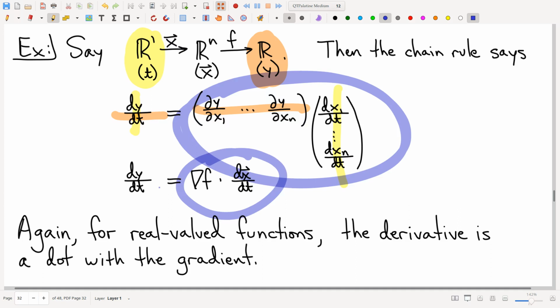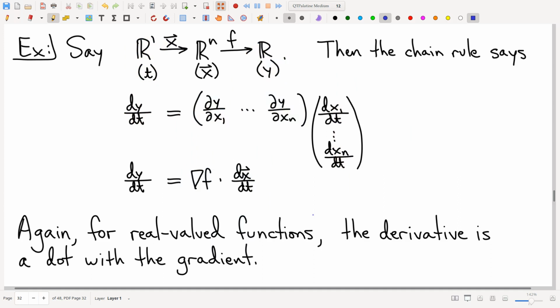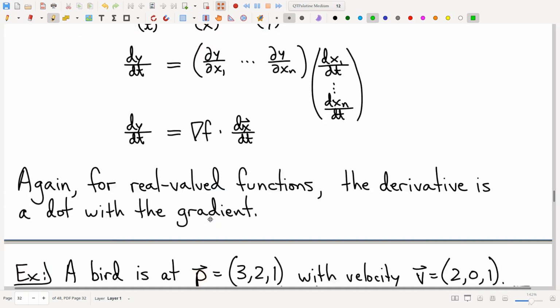And we've made this observation before, that when you have a single row derivative matrix, effectively you're just dotting with the gradient vector. So the punchline of this example is, again, this is not a deep point. It's almost kind of a familiar point. But in the real valued case, you can rewrite a derivative matrix as a dot product with the gradient. So, again, a rehash of old news, and another example that's highly readable.